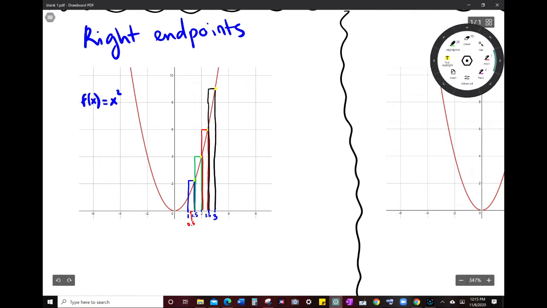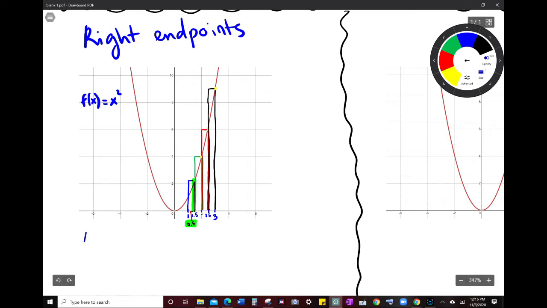The length will be 0.5 and the width will be this one. Basically the width will be f of 1.5.